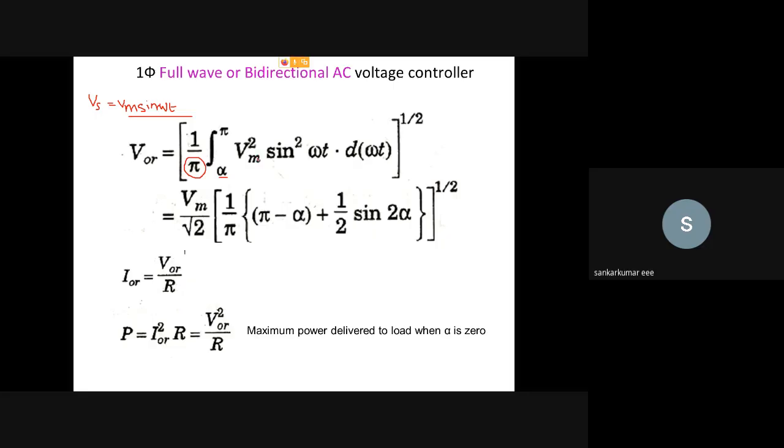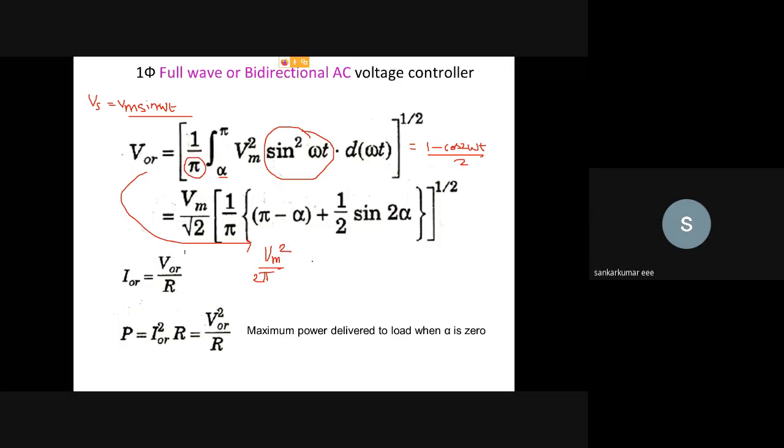We can take the Vm square outside, and sin square omega t can be written as (1 minus cos 2 omega t) by 2. The expression becomes 1 by pi, and the 2 can be taken outside, and Vm square also can be taken outside since it is a constant.